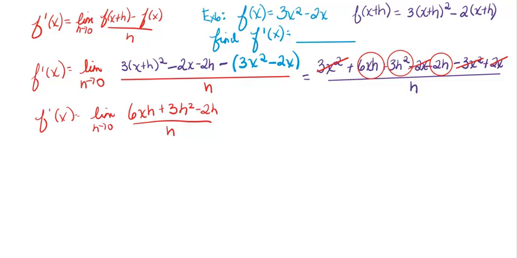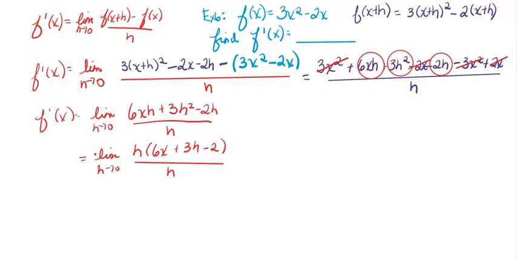But I've also got a common factor in every term of the numerator, so I can factor that out. And when I do that, I get the limit as h approaches 0 of h times 6x plus 3h minus 2, all over h.